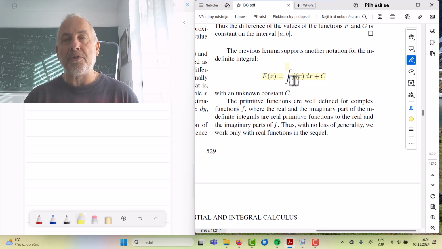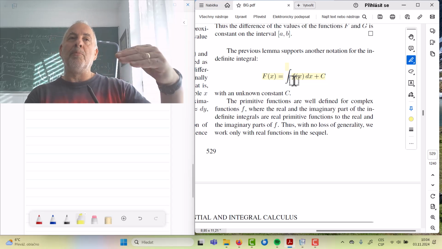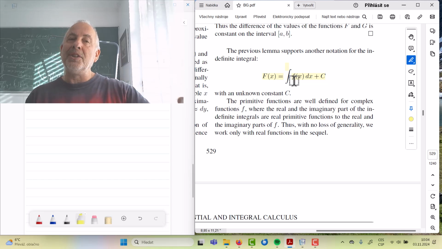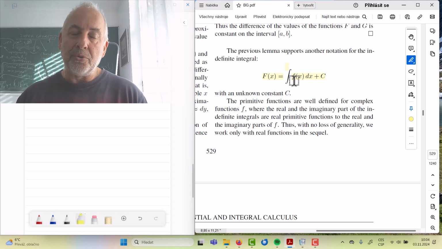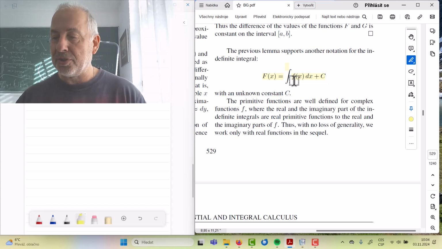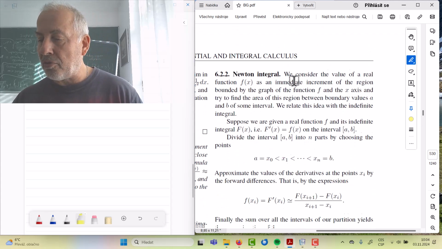And we know that the derivatives are computed component wise, so also the antiderivatives will be found component wise. So without loss of generality we can just restrict ourselves now to the real valued functions. So that's very straightforward.